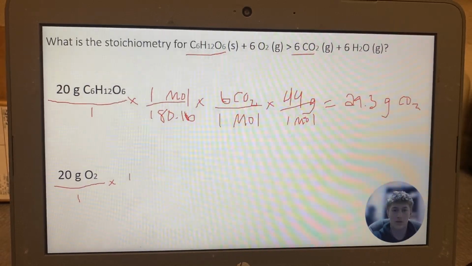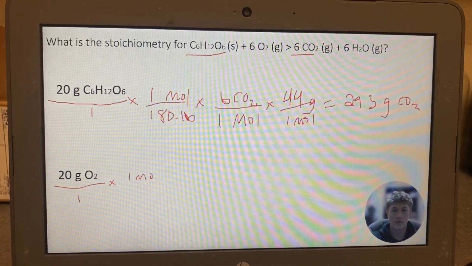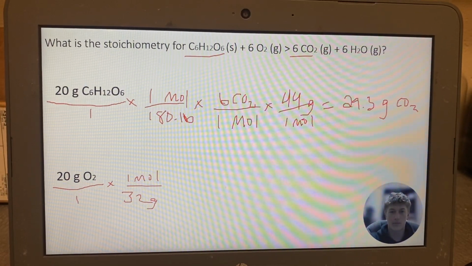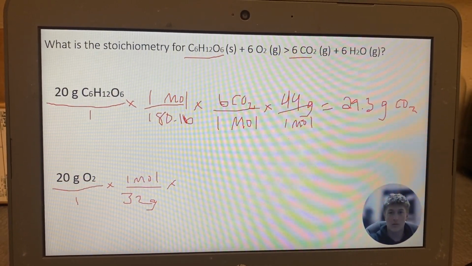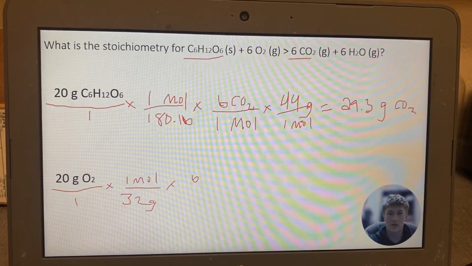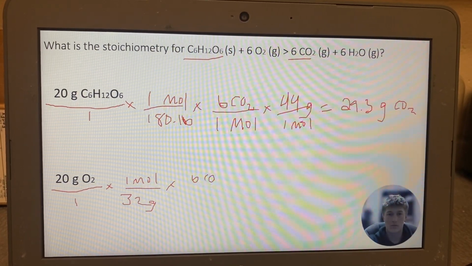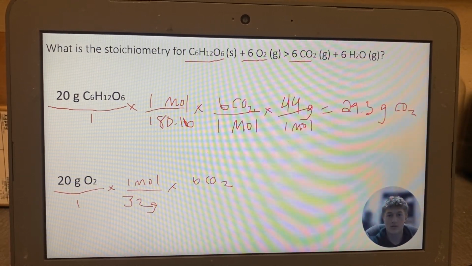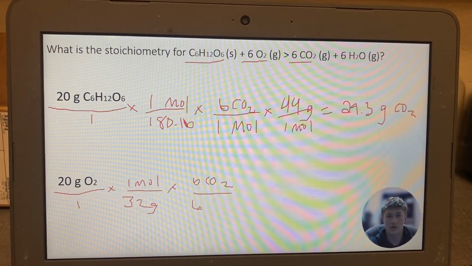And we'll do the same thing for this one right here with the O2. We need to convert it to moles, so 1 mole of O2 is going to be equal to 32 grams of it. And we're going to do the CO2 again, so 6 CO2. But we have 6 oxygens, so we're going to put that over 6 O2.